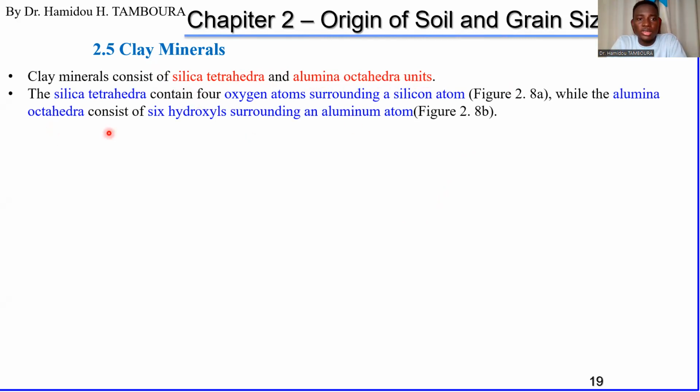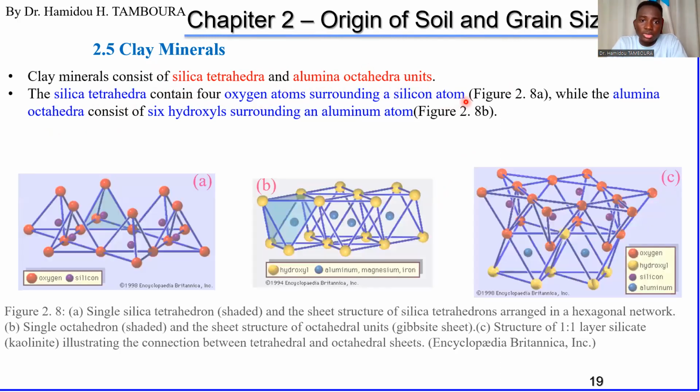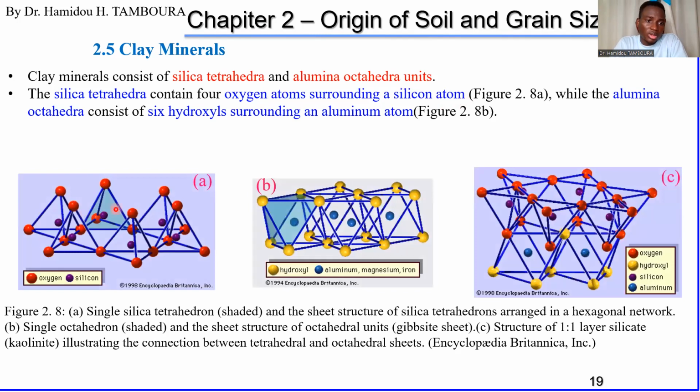So this silica one consists of 4 atoms of oxygen surrounding a silicon atom, which is shown here. For example, 1, 2, 3, 4 atoms. These are atoms of oxygen, and in the center we have an atom of silicon.